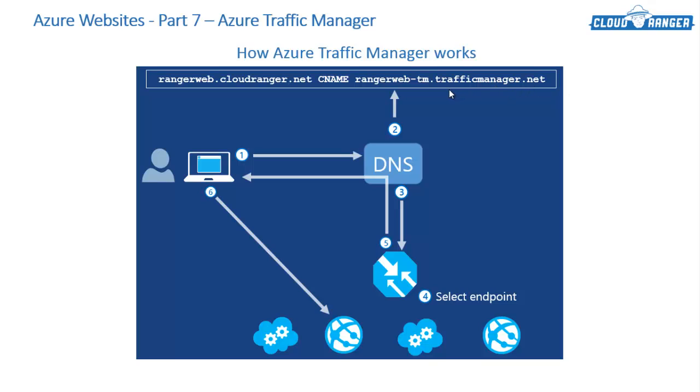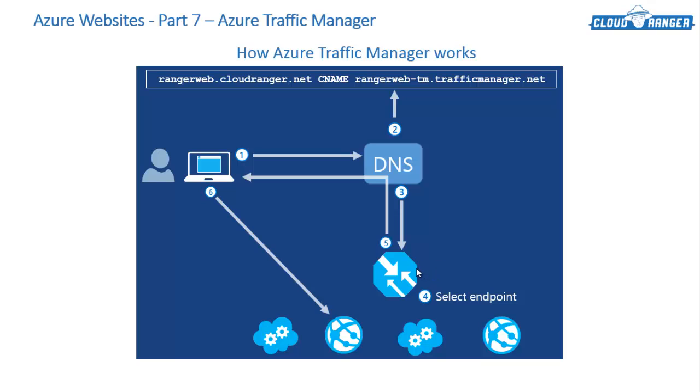When I created my traffic manager, this is the domain it gave us, trafficmanager.net. And this is basically just the profile name of the domain name I provided. TM over here basically stands for Traffic Manager, so it's easy for me to understand what this is. So when you request the DNS to go to rangerweb.cloudranger.net, it's translating to rangerweb-tm.trafficmanager.net. When it translates to this address, the DNS basically points you to the traffic manager, which is actually created in Azure Cloud.